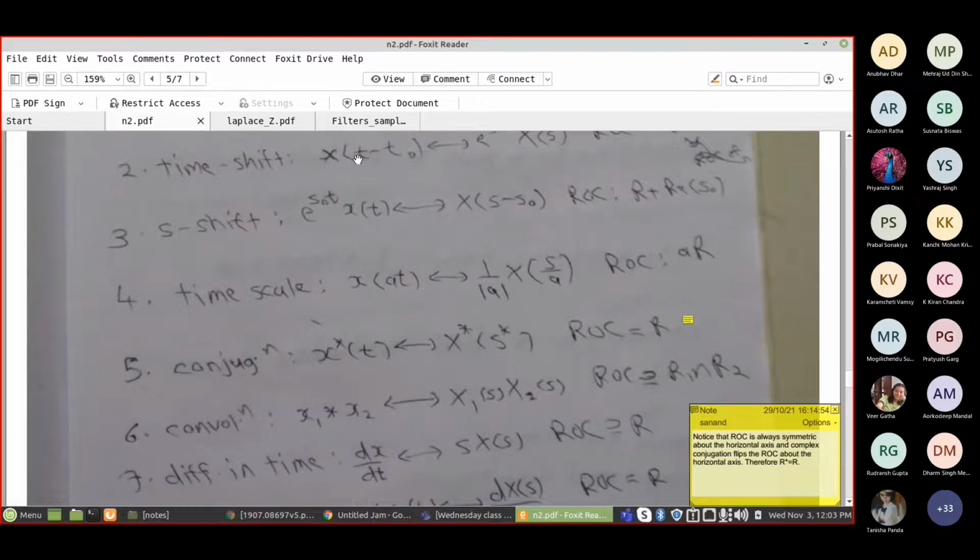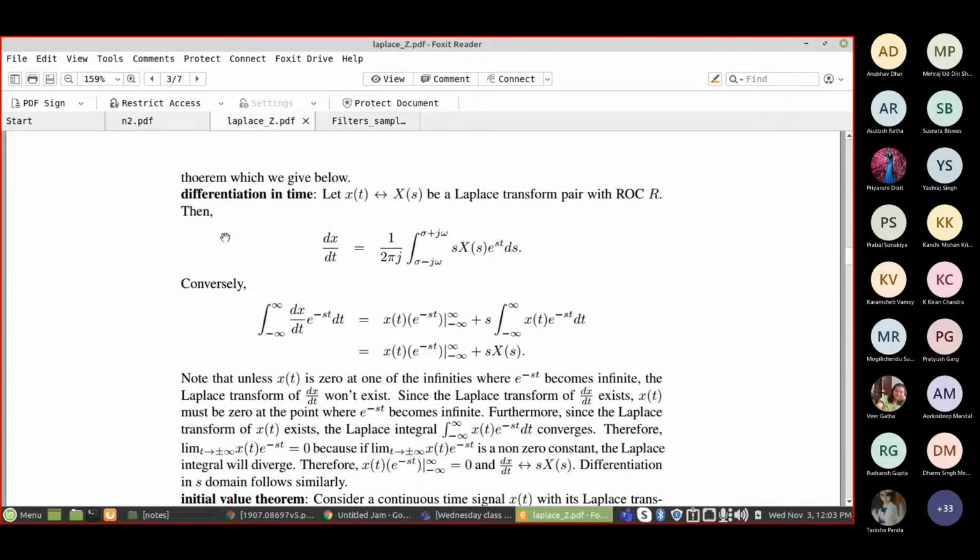That is one, and the other is regarding this property. Why should this quantity be zero? This is straightforward. Let's go through this again. So e to the power minus st. First of all, the Laplace transform of x(t) and d/dt of x(t), both of them exist.